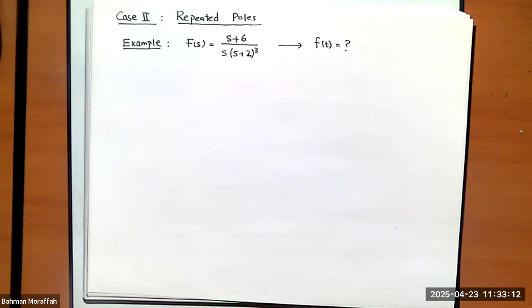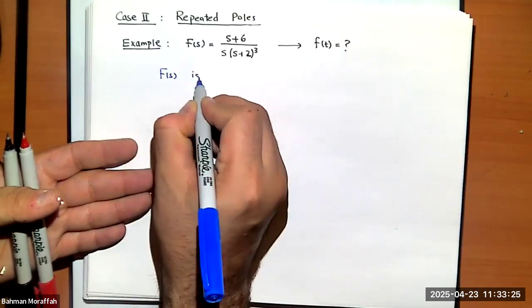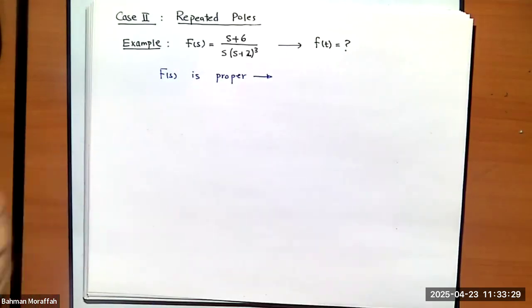Let's say I look at this function. It is indeed proper. It's 4. So F(s) is proper. Yes.